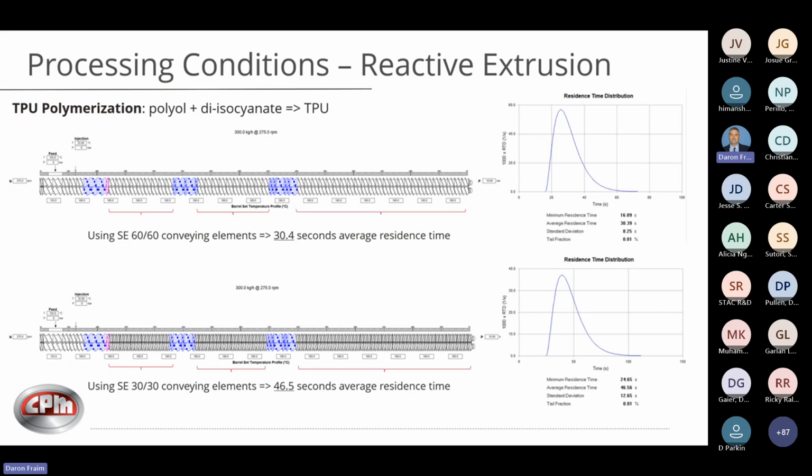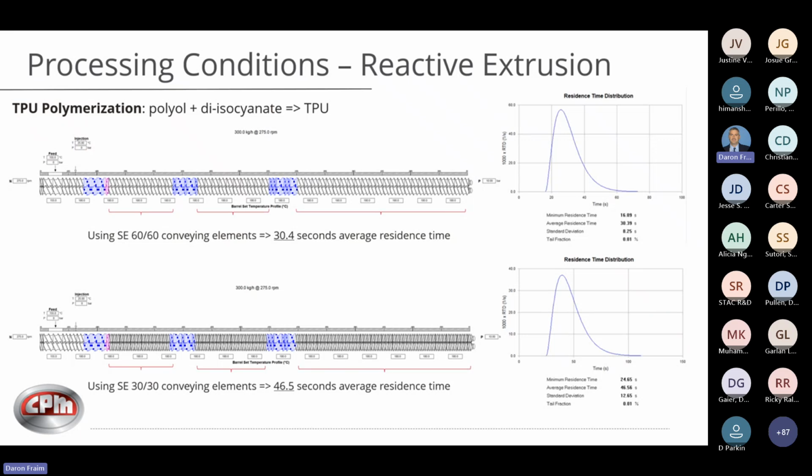And so this is a polymerization reaction. So time is important in this aspect when it comes to polymerization, to allow those monomers to react. So when you want to control time, you want to increase the amount of time. Maybe in that top example, you're not getting enough residence time to complete the reaction. So you can simply switch those SE from 60-60 to 30-30.